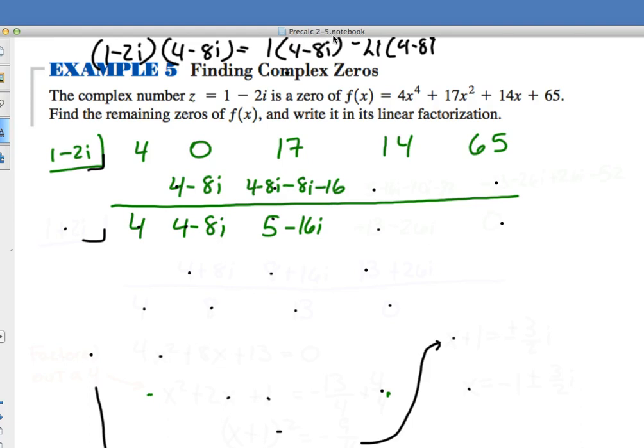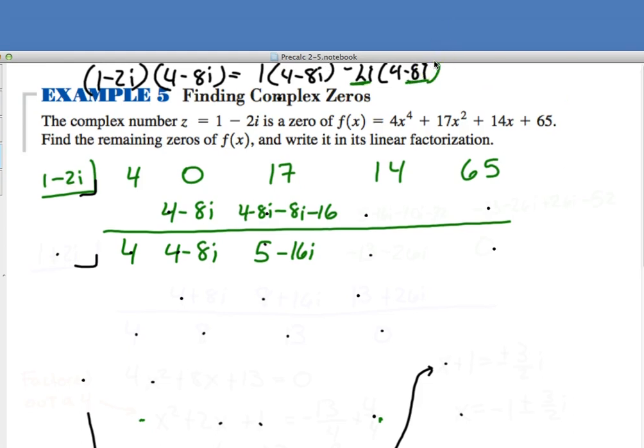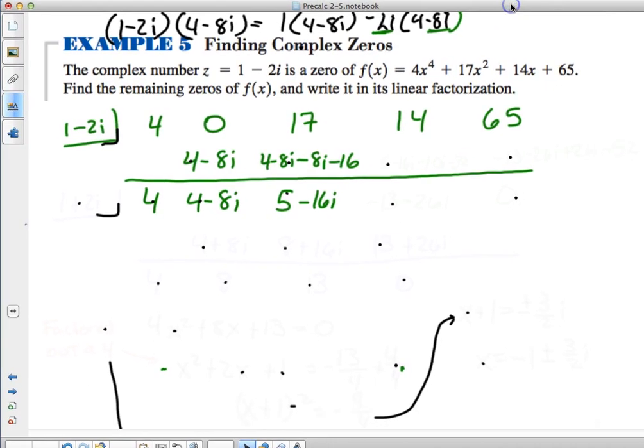Are there other questions about that combo? Yeah. When I have this value here, I got negative 2 times negative 8, which is positive 16. But it's I squared. And I squared is negative 1.